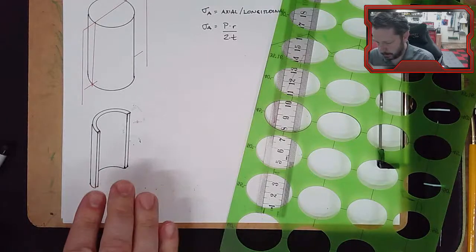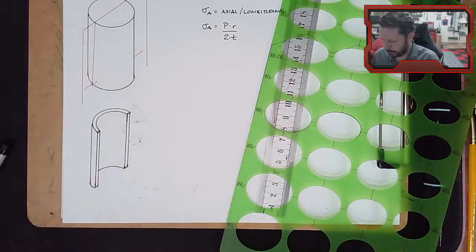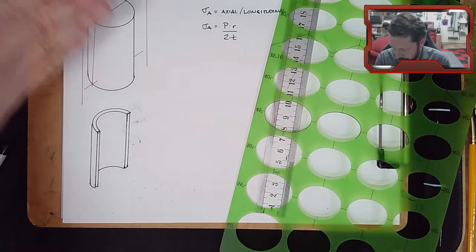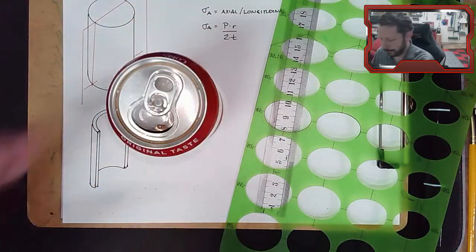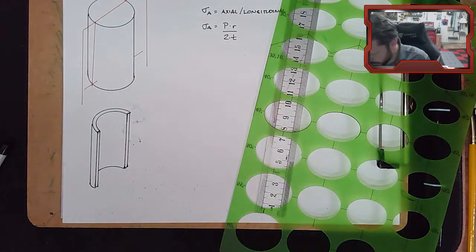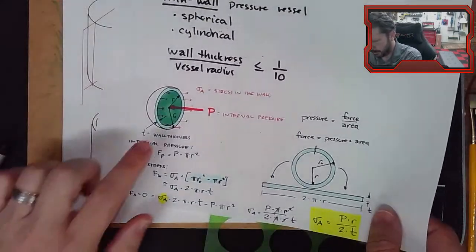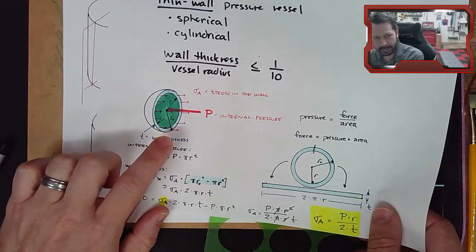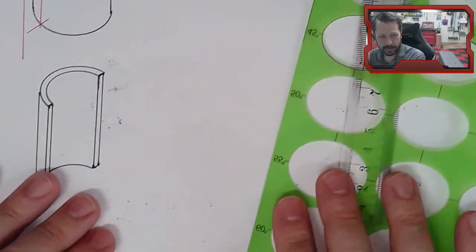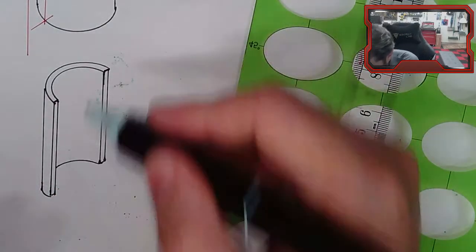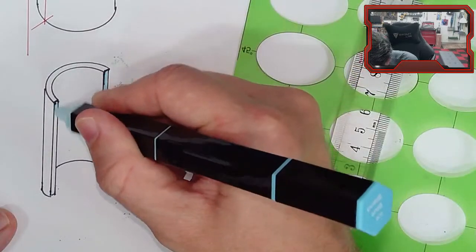We use this red plane to basically slice the pressure vessel in half down its length. So here's a Coke can. So we cut it this way, right? And over here, what would be the wall, the light blue part, you can probably zoom back in now, would be right here and right here.